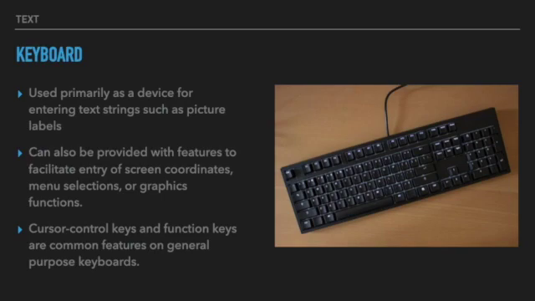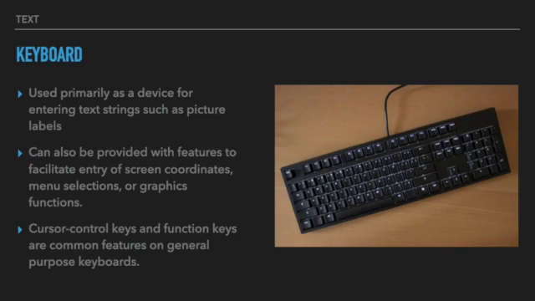The keyboard is an efficient device for inputting such non-graphic data, like picture labels, as I said. And keyboards can also be used to facilitate entry for screen coordinates, menu selections, or graphics functions.